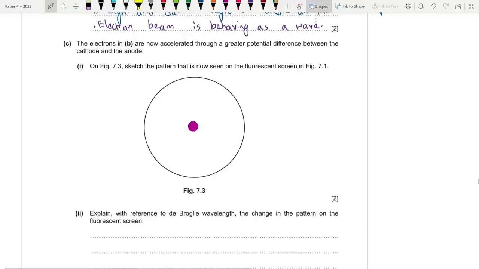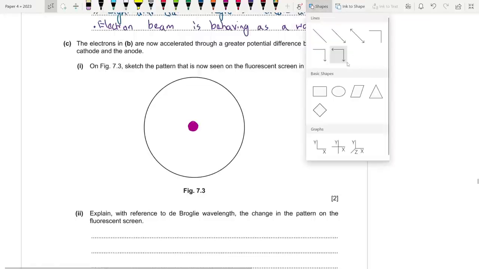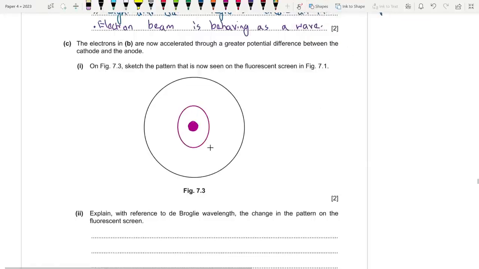Afterwards, we are going to draw some circles over here. Okay, one more.